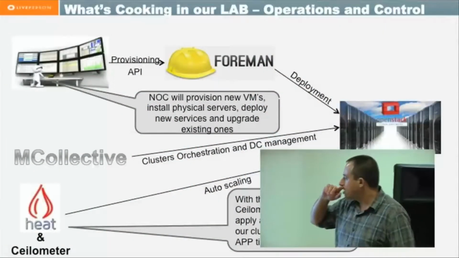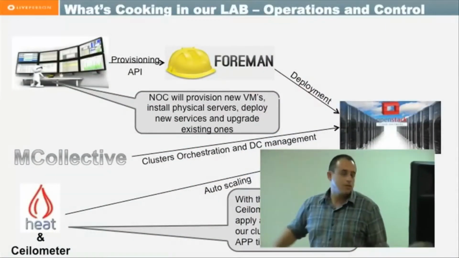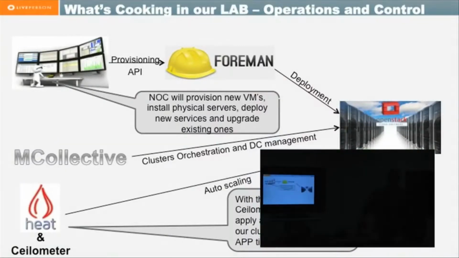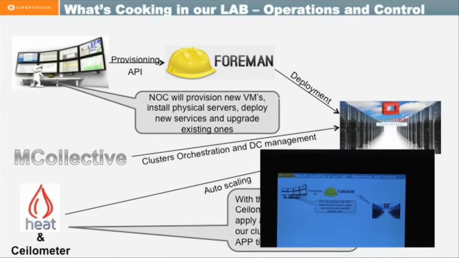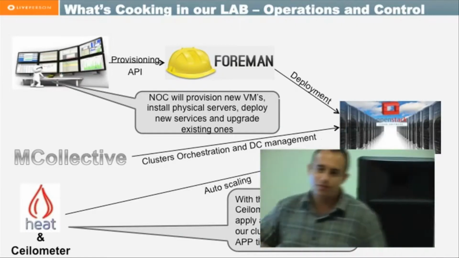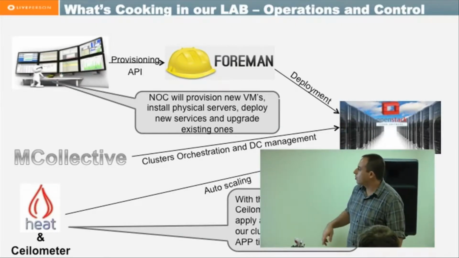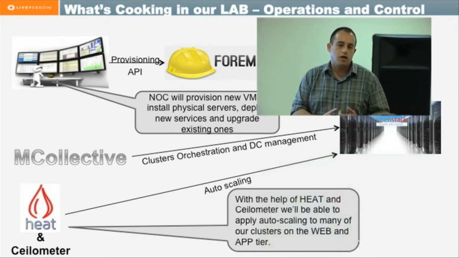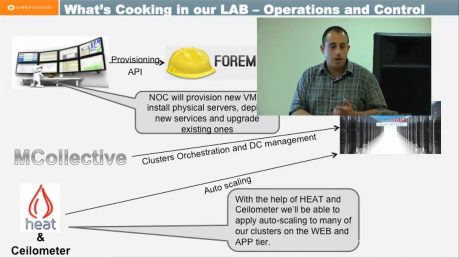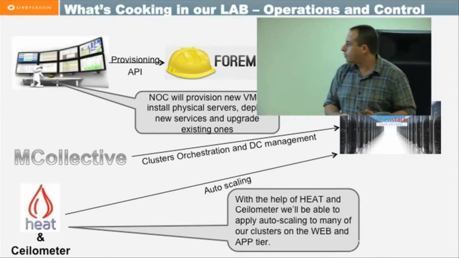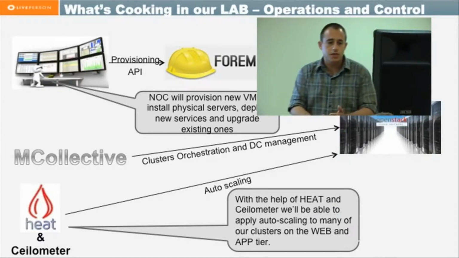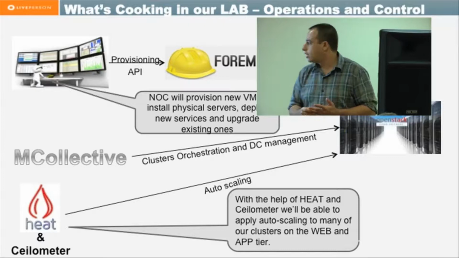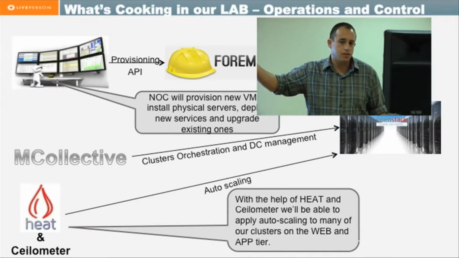So in our lab, what we're doing right now is that we're checking the Foreman. One lady from Red Hat wrote the Foreman, and she is here in the room. So the Foreman for us is the one-stop shop for provisioning, for a Puppet dashboard, for deploying new services, and for upgrading the existing services.